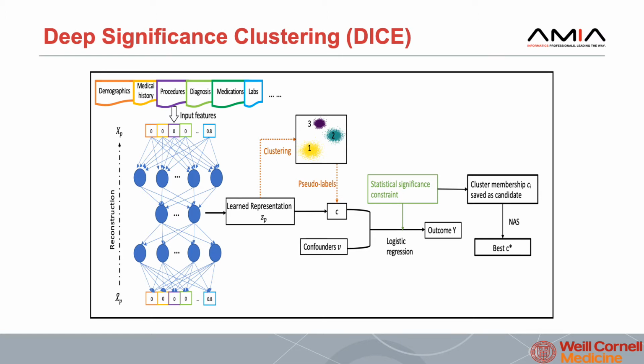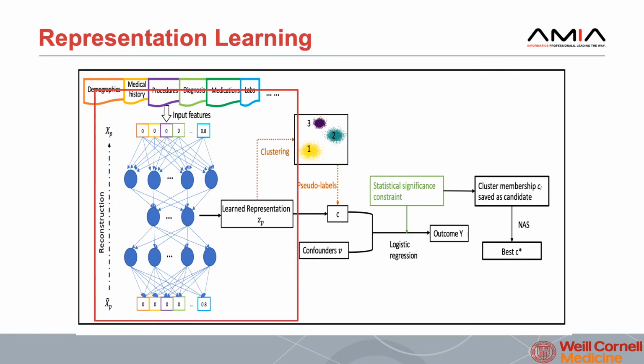The goal of DICE is to identify representations that generate clusters that are similar with respect to input features and outcomes, such that the resulting clusters can be used to develop risk stratification for patients needing similar interventions.